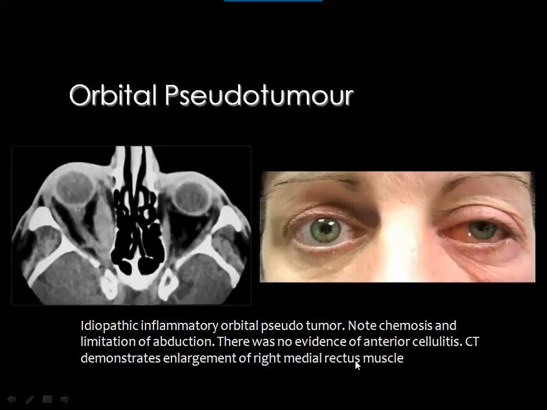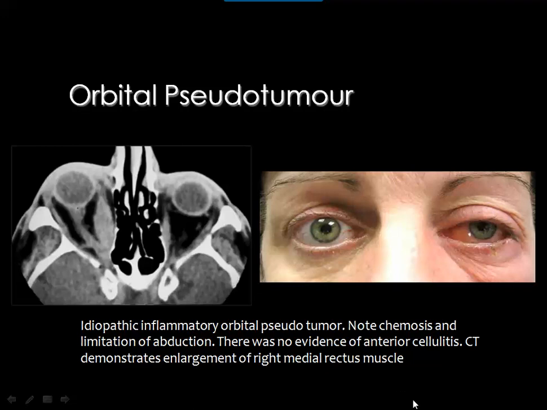Then starting the differential diagnosis, orbital pseudotumor, as I have mentioned, is an inflammatory disease in the orbit of unknown etiology. Then you get this classic appearance of the congested eye, the red conjunctiva, and sometimes frequent lacrimation.